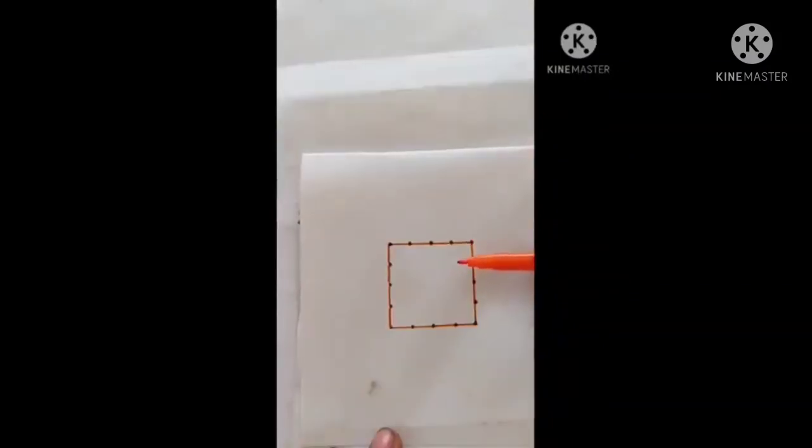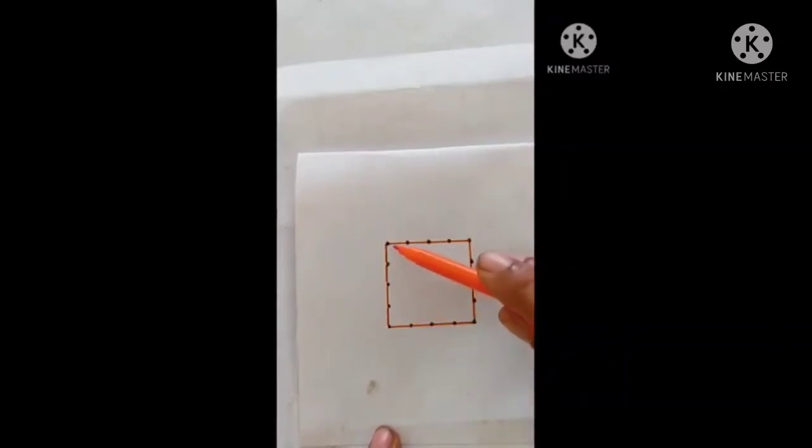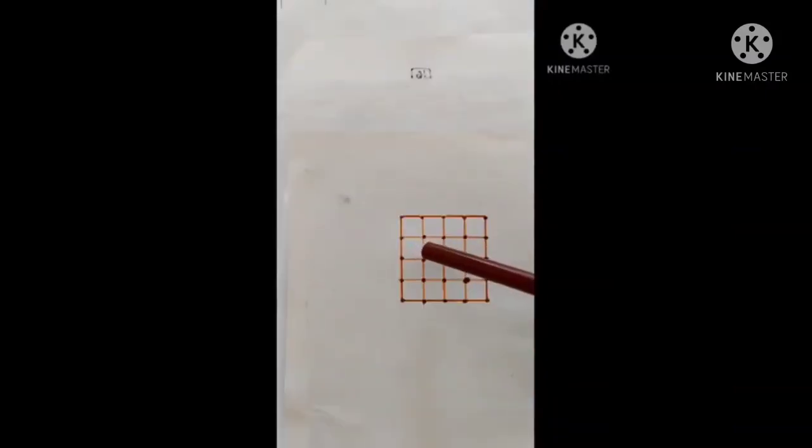Okay. Then, can you split the fourth rectangle into small squares? This is the fourth rectangle made by using 20 matchsticks. We know that it is 4 matchsticks long and 4 matchsticks wide. Now, we split this rectangle into small squares. How many rows are there? 1, 2, 3, 4.